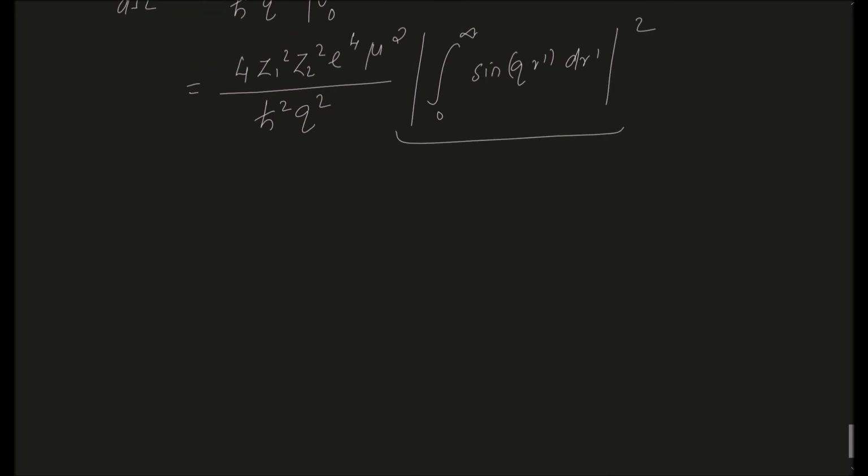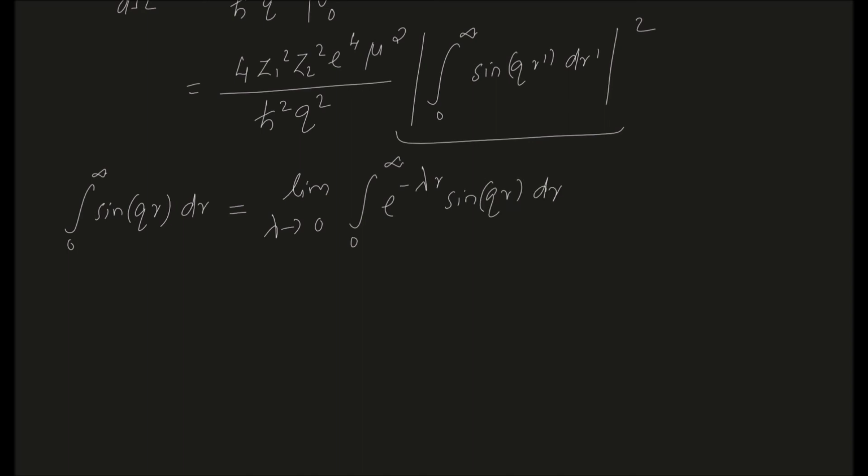Now let's consider this integral term. Let's say the integral from 0 to infinity of sin(qr) dr. This can be written as the limit, let's say some limit lambda goes to 0, of the integral from 0 to infinity of e raised to minus lambda r sin(qr) dr. Then the sin(qr) term can be written as e raised to iqr minus e raised to minus iqr divided by 2i.